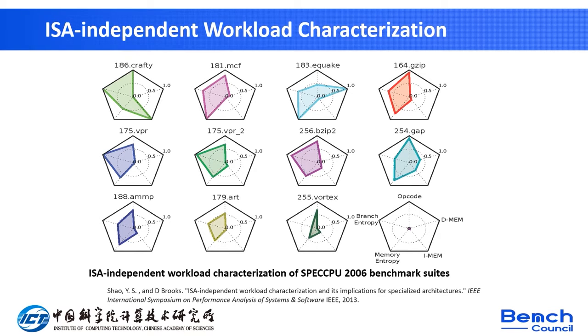The figure is the comparison of 5 ISA-independent metrics across SPEC benchmarks, ordered by the area of the plot. The lower right plot provides the result. The smaller values indicate more regularity in the metrics.